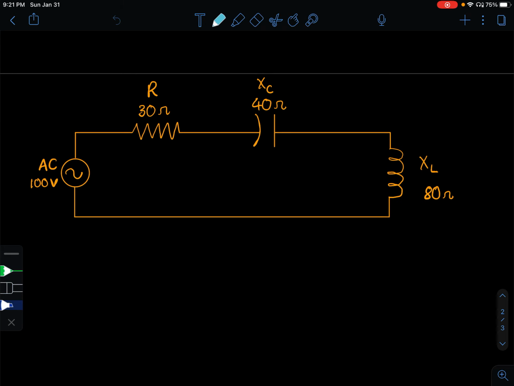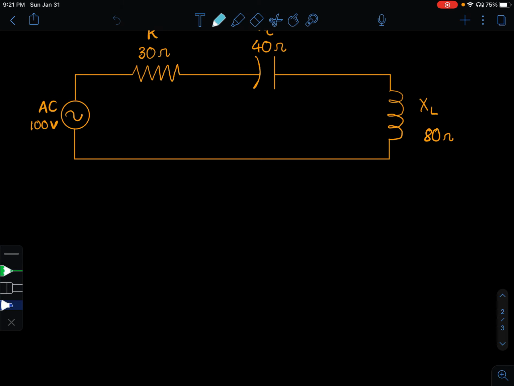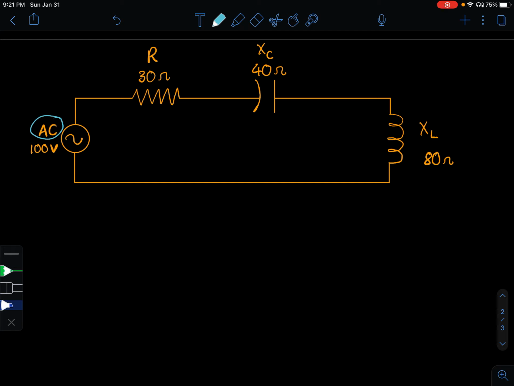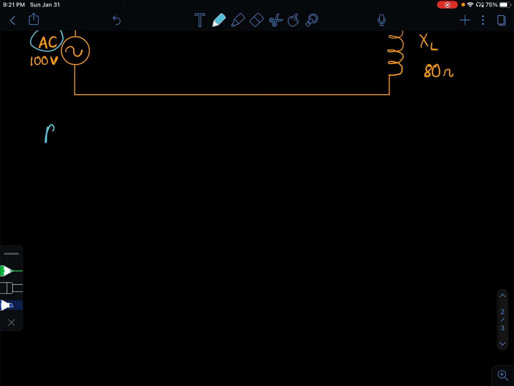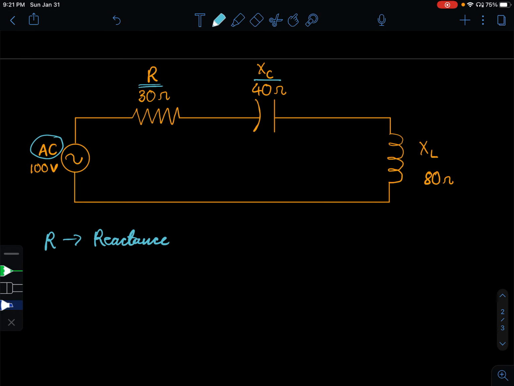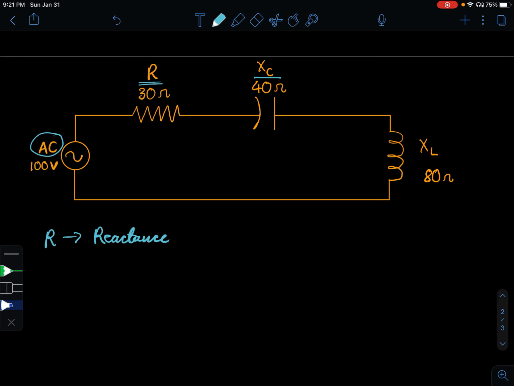Now, as you can see, the various things here are, for example, the first thing is the AC here, which means AC circuit. Then the R here stands for, sorry, R is resistance, my bad.